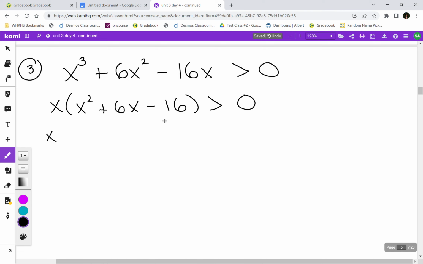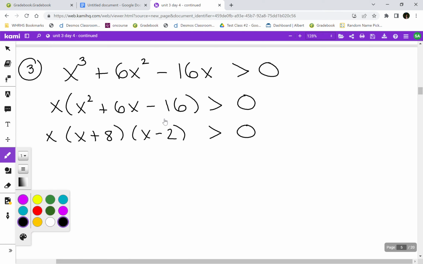We're going to have x times x plus 8 times x minus 2 is greater than or equal to 0. So how many reference numbers do I have now? 3. We're going to have 0 as a reference number, -8 as a reference number, and +2 as a reference number.